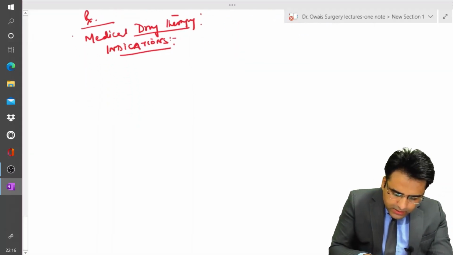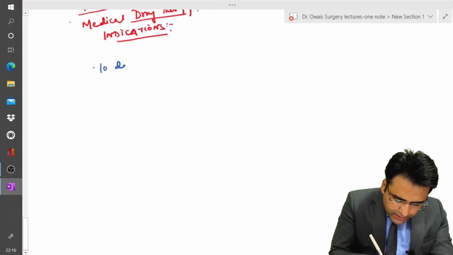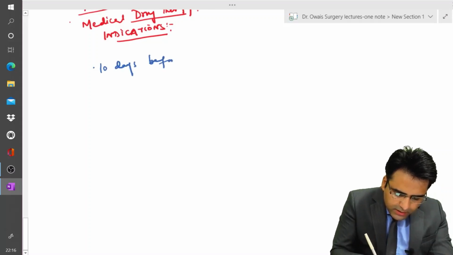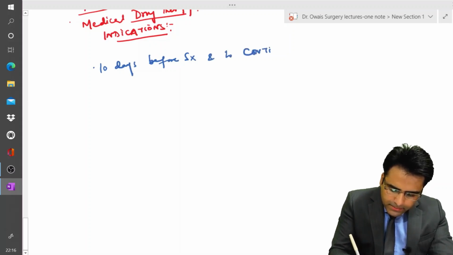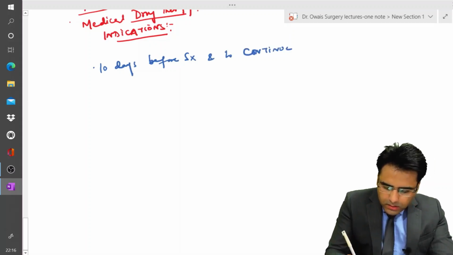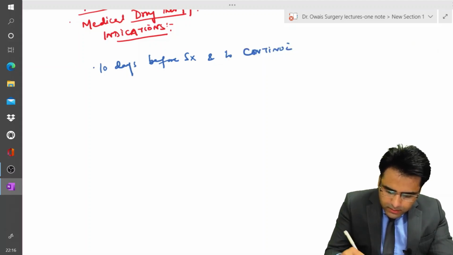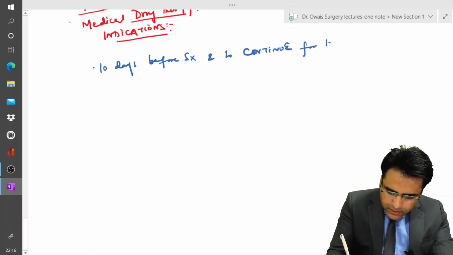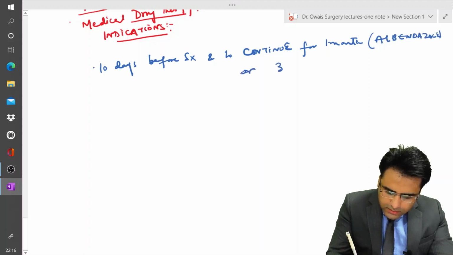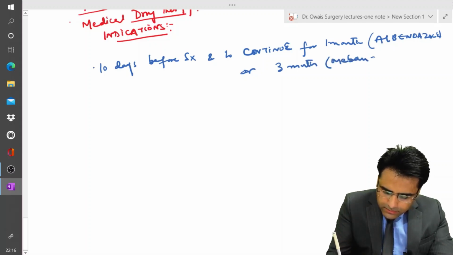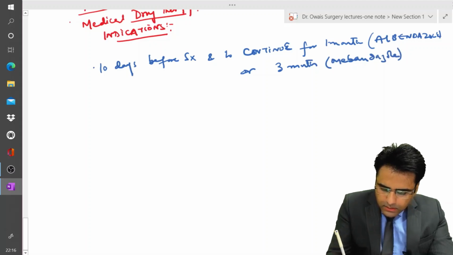Now the indication is that it is given 10 days before surgery, and to continue for 1 month in case of albendazole, or 3 months in case of mebendazole after surgery.